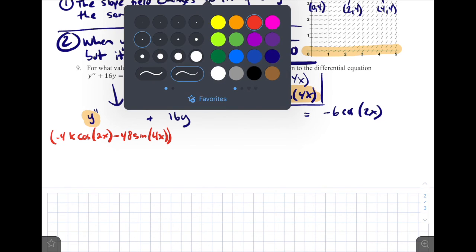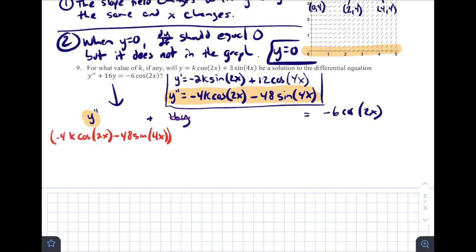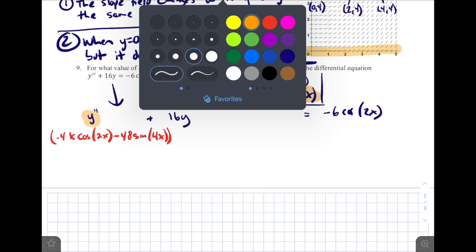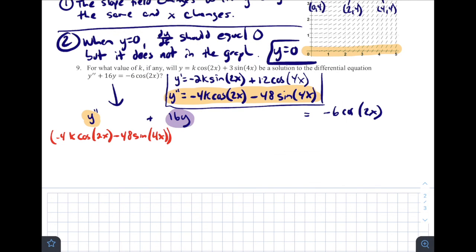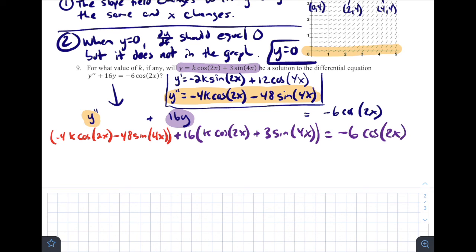And then we've got plus 16y, and y was this original equation here. So that's going to be 16 times k cosine of 2x plus 3 sine of 4x. And that should be equal to negative 6 cosine of 2x.